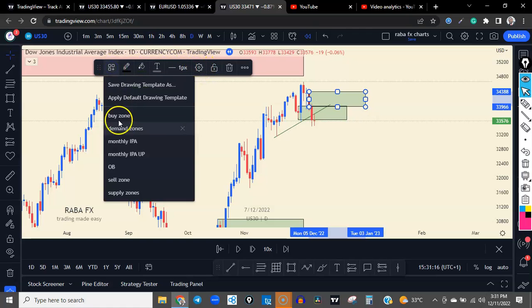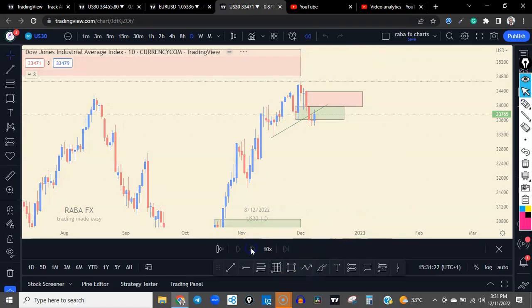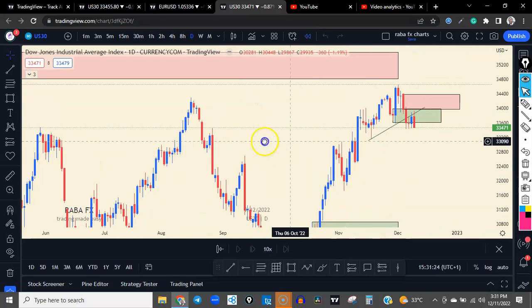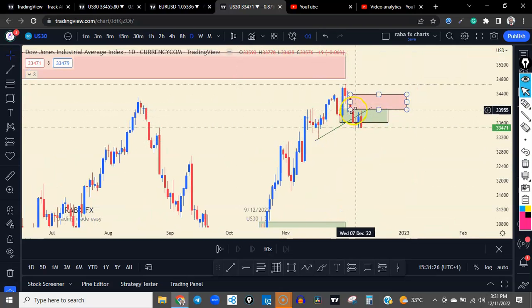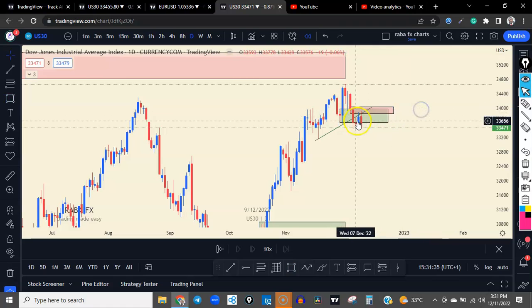In this case, you simply want price to trade back in there before knowing what to do. So now price moved into this hidden base, the IPA candle, which is the hidden base. Now in this case, you can see price reacted from it.